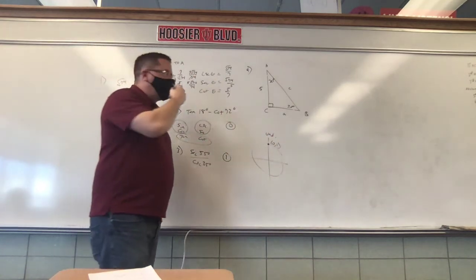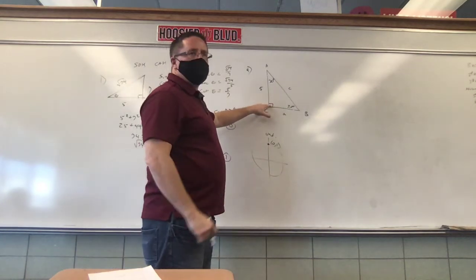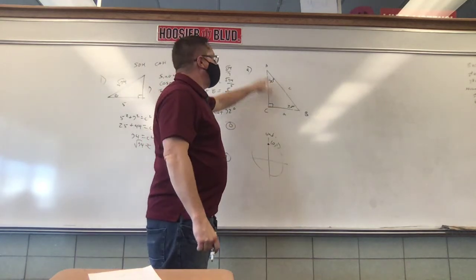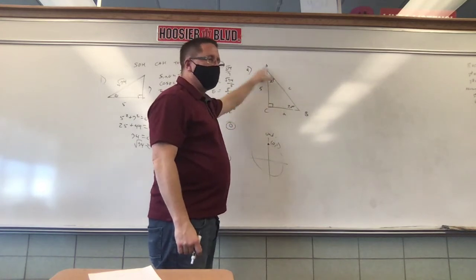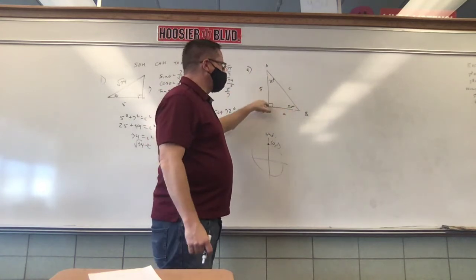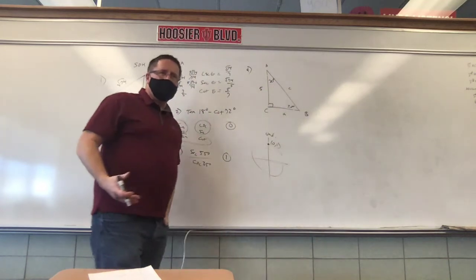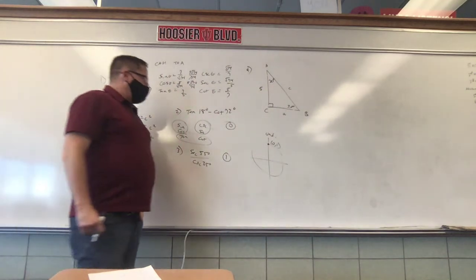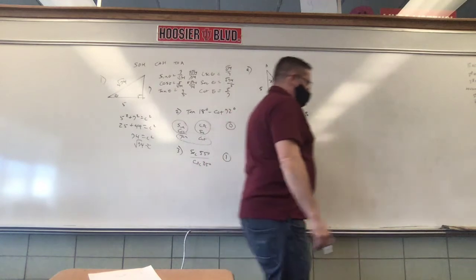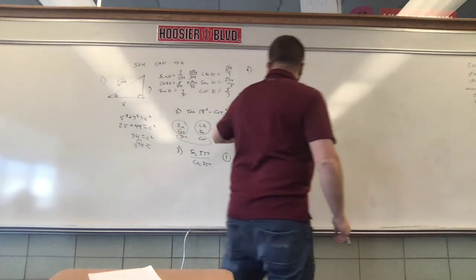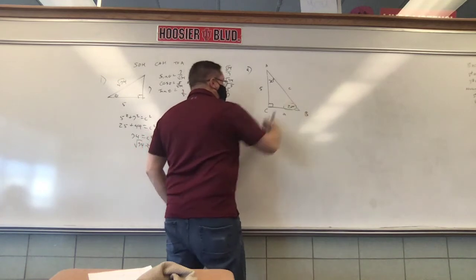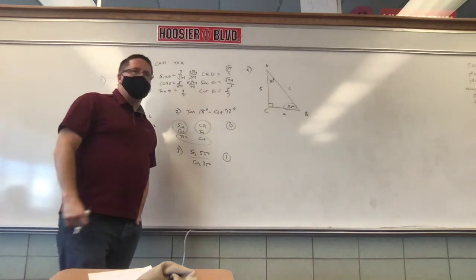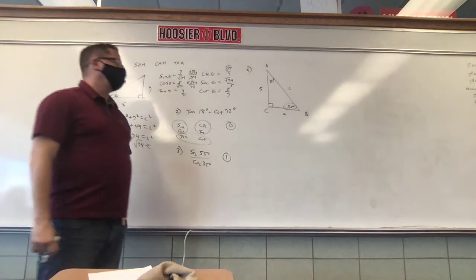And not only that, if this is the angle we're using, what is this side right here? It's the hypotenuse, and it's also the opposite. It can't be both. So avoid using the 90-degree angle. We have to use either 20 or 70. I'm going to use 20. It's not like one way is easier or harder than the other.